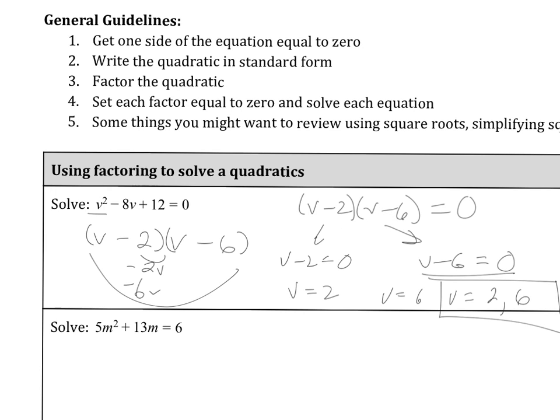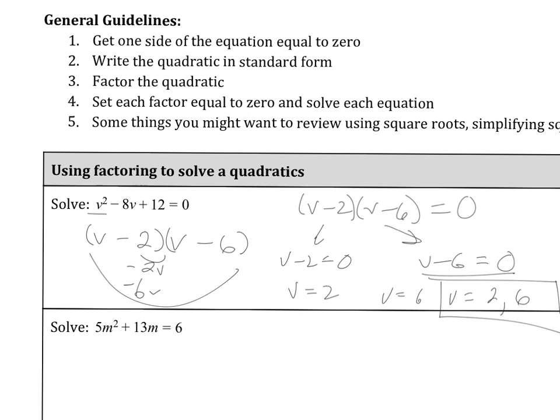But this is 0, and 0 times negative 4 is 0. So 2 will work. If v is 6, instead, this is going to be 6 minus 2 is 4, but that'll be 6 minus 6 is 0, so I'll have 4 times 0 is still 0. So we're not saying that this v is one thing and this v is the other. We're just finding two values for v that'll work in the original equation.